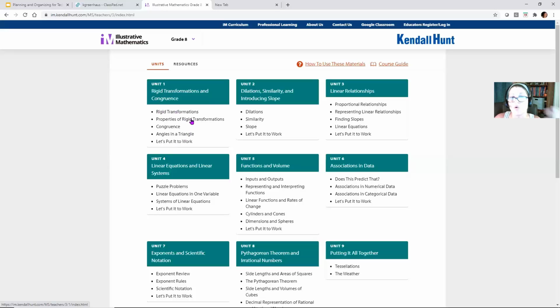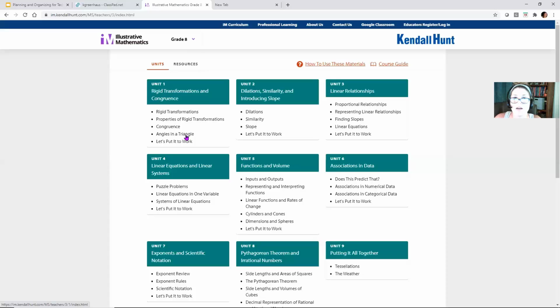Or I'm looking at these, and this is where that suggestion comes in: know your content, know your standards, know your curriculum. I know that rigid transformations is something I would definitely want students to use technology for as an exploration. So I know I'm going to have a technology lesson for rigid transformations, so I would definitely have a folder for that.